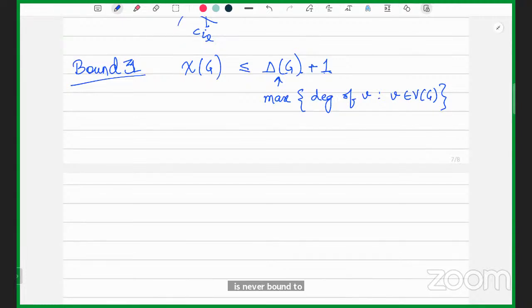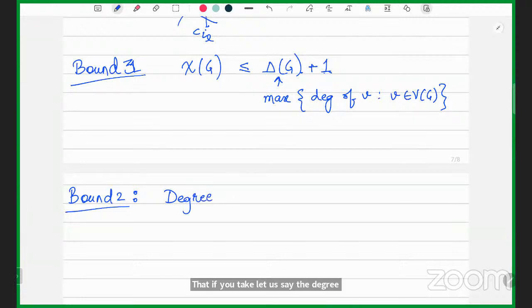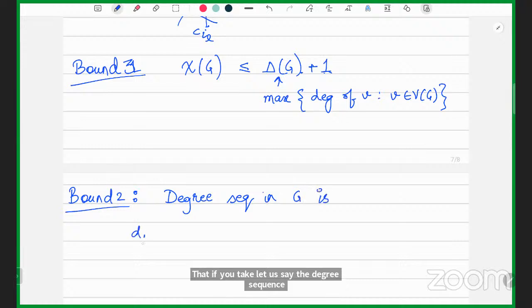A better result which one can improve to is this: if you take, let's say, the degree sequence, where this is the highest degree I'm putting as D1.